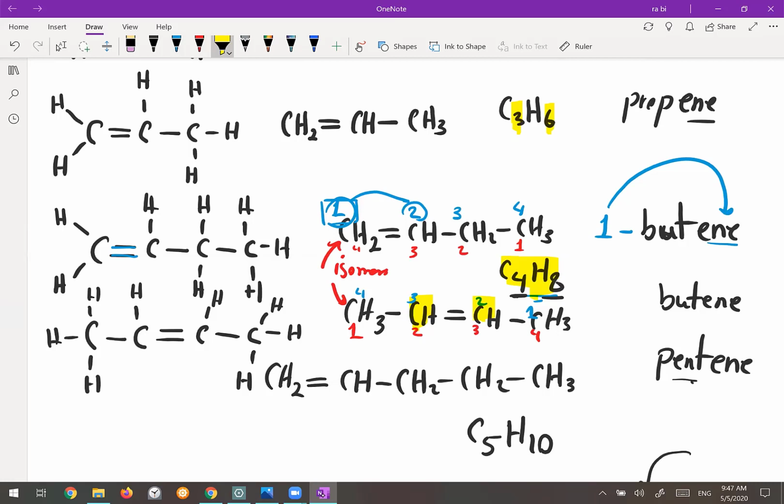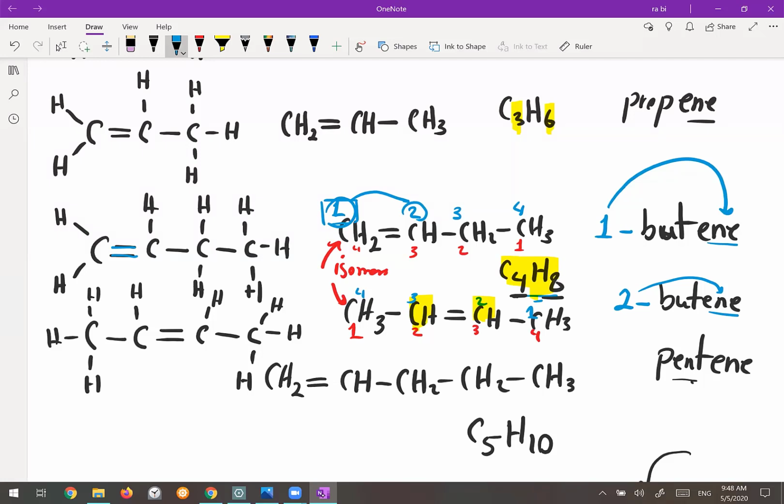So for this molecule, it is the same whether you number it from the left side or the right side, because from both sides the double bond first appears in the second position. So this molecule is 2-butene.